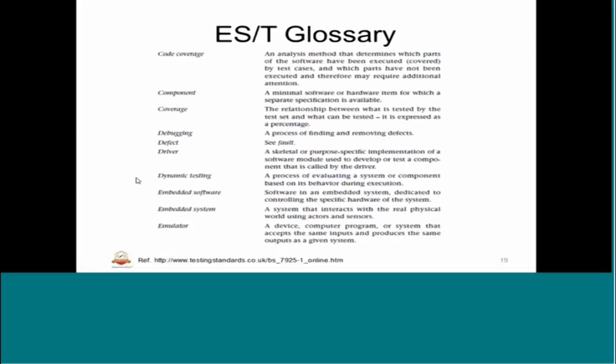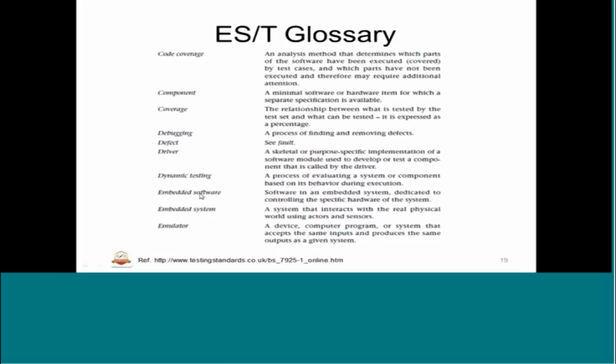Then we have dynamic testing, a process of evaluating a system based on its behavior during execution. This we know, we studied. Embedded software is a basic thing that everybody knows. Embedded software talks about a system having controlling functionalities without the hardware.